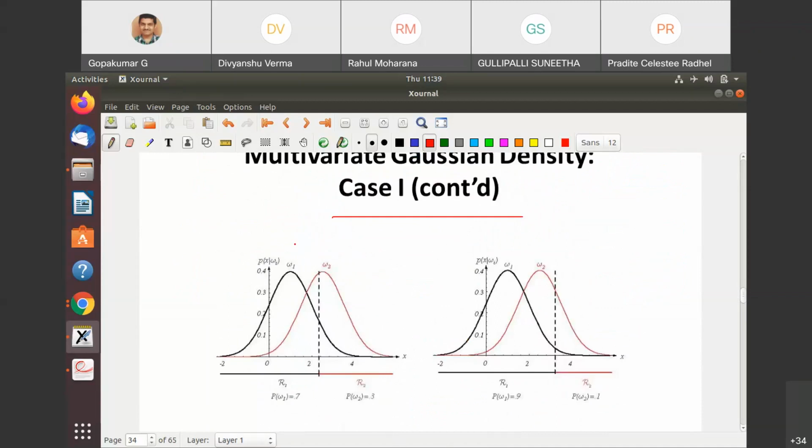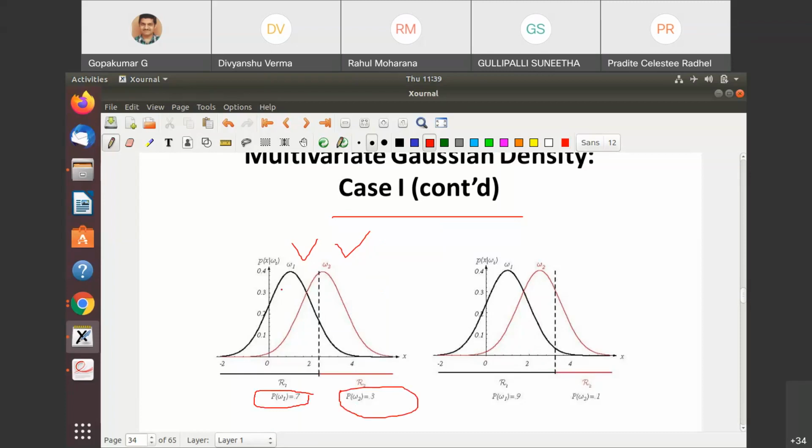Suppose we have two distributions, that means for the two classes w1 and w2, and assume that the prior probability for the first class, probability of w1, is 0.7, and that of w2 is 0.3.